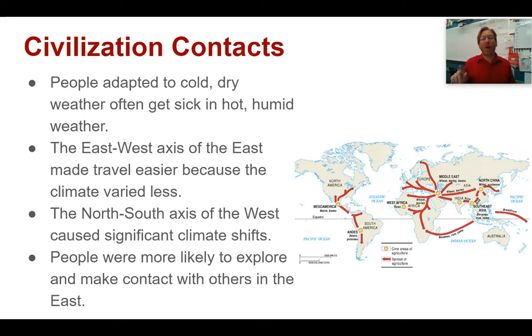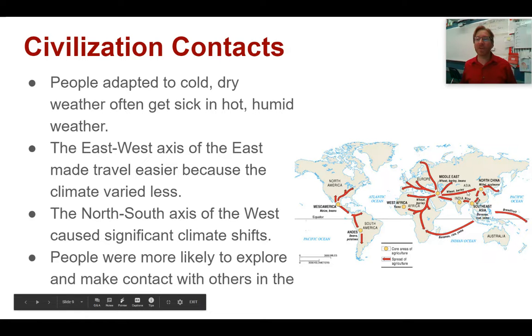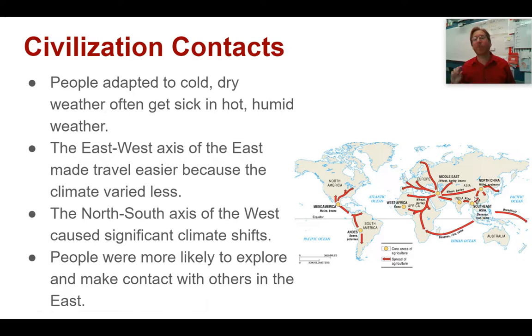Now, this east-west axis of the Eastern Hemisphere meant that most travel would be east-west, and you wouldn't see dramatic changes in climate. Whereas in the Western Hemisphere, it's primarily a north-south axis. So travel would mean traveling far north or far south and crossing multiple climate zones and increasing your likelihood of illness, sickness, and people just don't want to be in these unfamiliar climates.